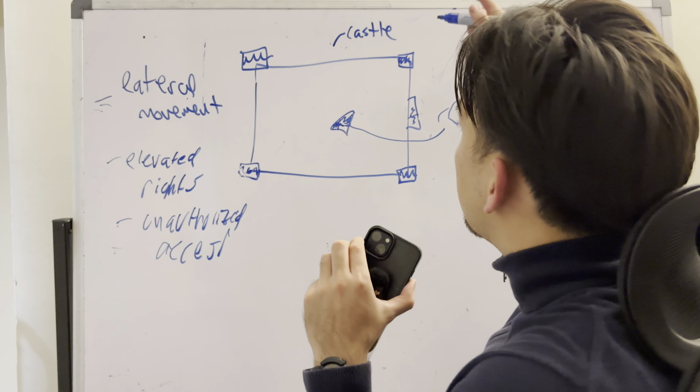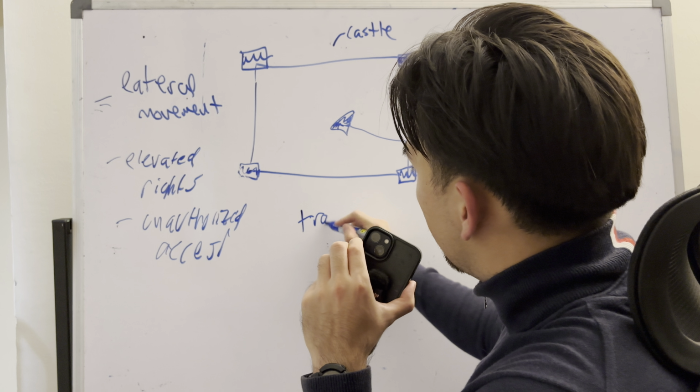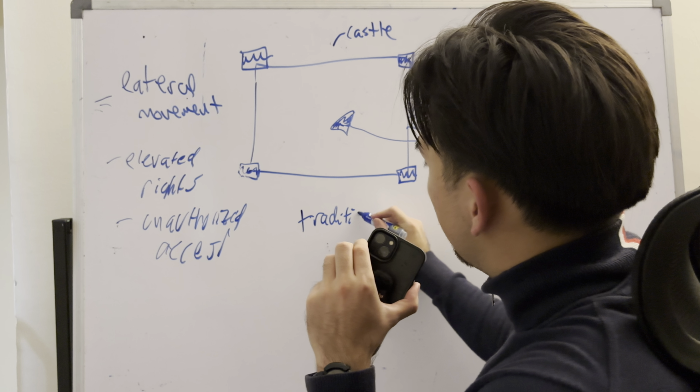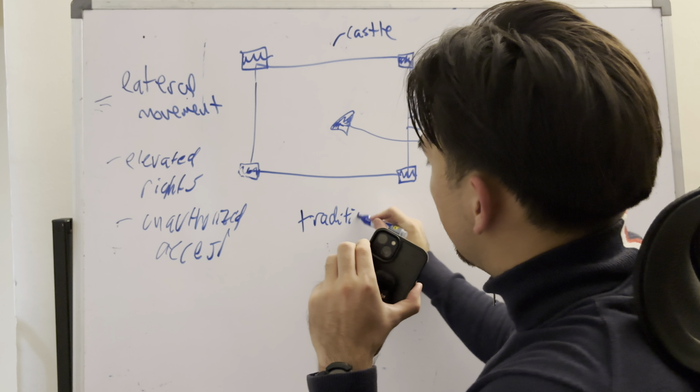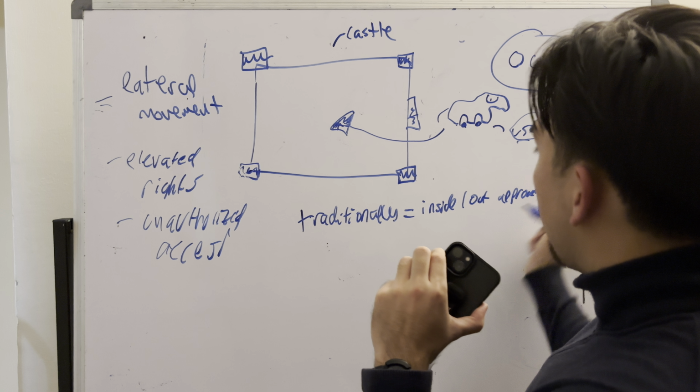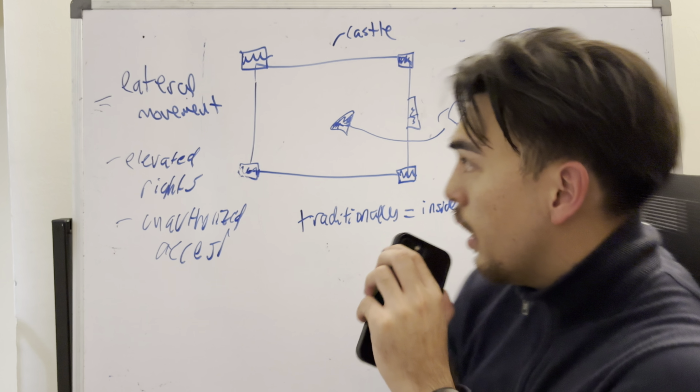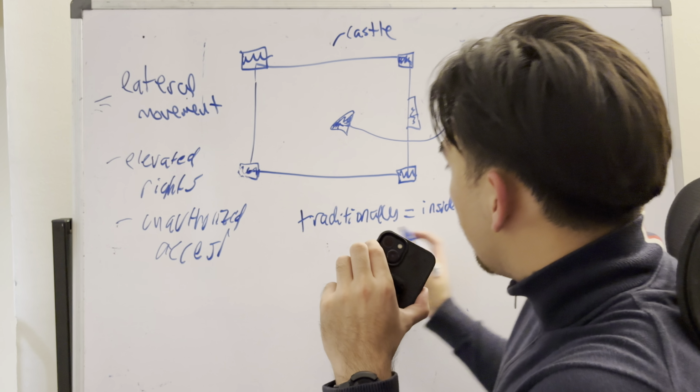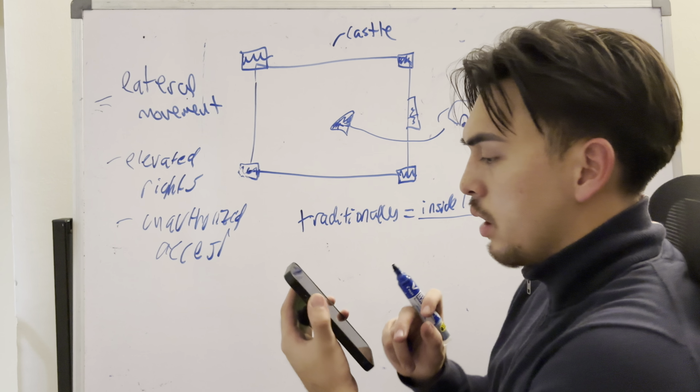So what they had traditionally was a so-called inside-out approach. Everybody outside was essentially viewed as a bad guy, and anybody inside who was verified was viewed as the good guy, okay?